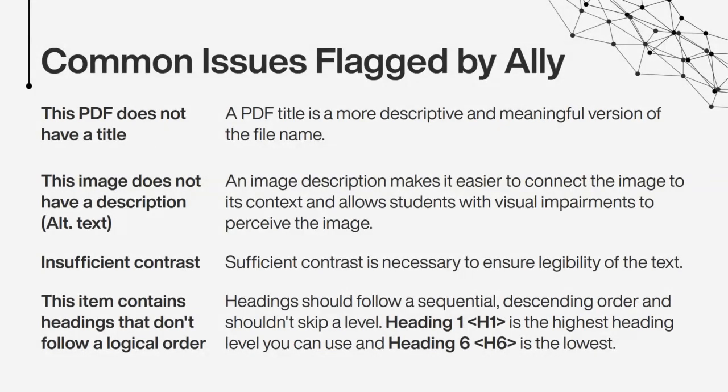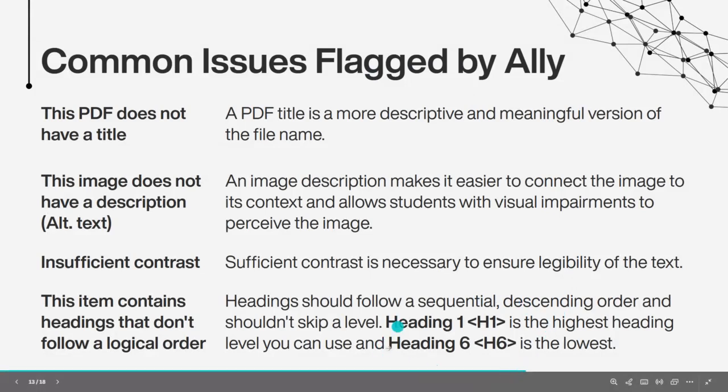For example, sequential descending order: heading 2 should never go before heading 1 within the same reading context. So as you go, you would do heading 1, heading 2, all the way to heading 6. I think Word goes all the way down to heading 6 as the lowest.